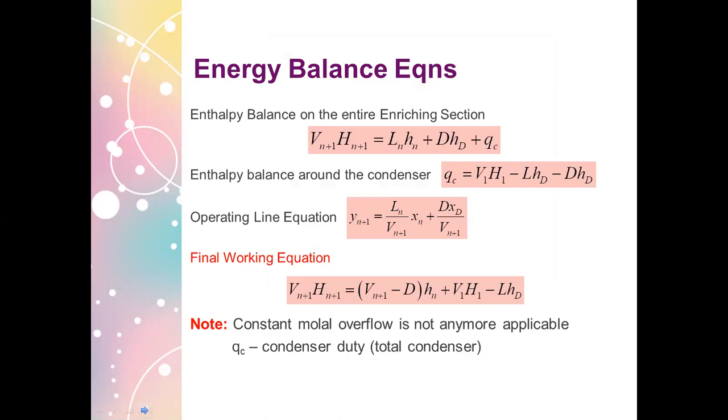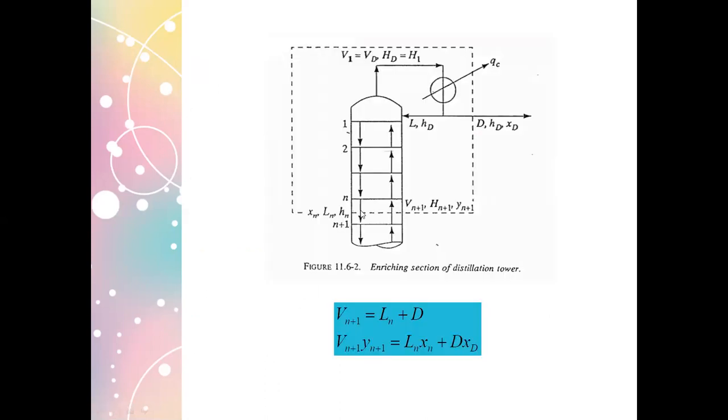When we do energy balance, from thermodynamics, when you speak of energy, automatically enthalpy plays a very important role. So when we make an enthalpy balance on the entire enriching section, now you need to add up the QC, because you have energy for this particular stream, the Ln. You have energy for this particular stream, the V sub n plus 1.